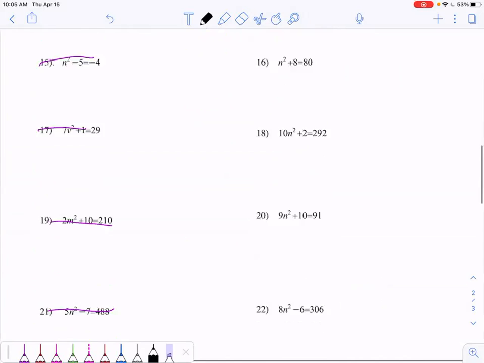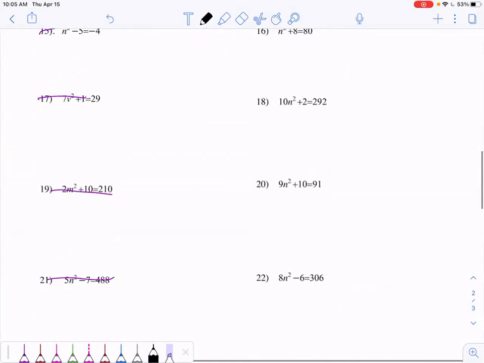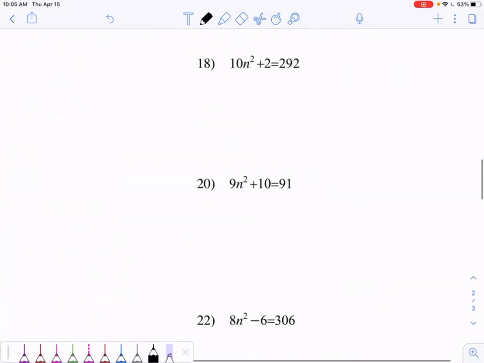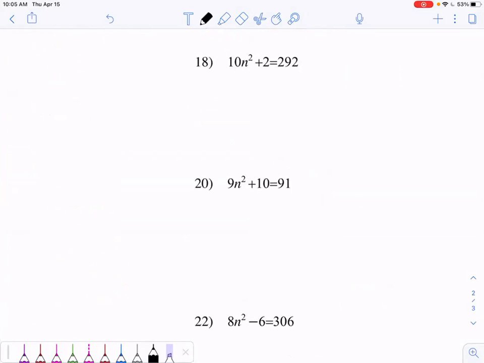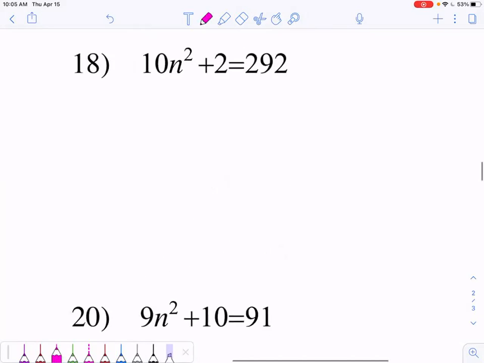Okay, I definitely want to go over number 18 with you. It's a two-step equation we have here. Think of n squared as just being an n. Look back at when we were doing this a couple weeks ago. How do we get n by itself? So what's the first step? Not yet.